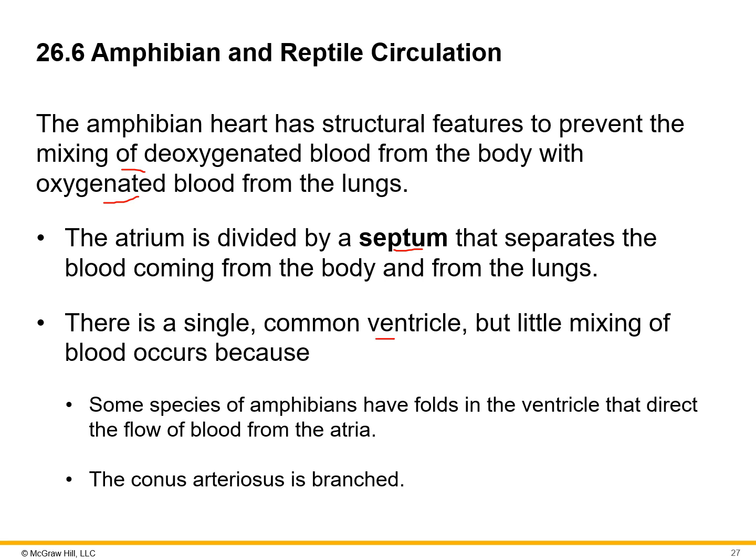Then there's just one single ventricle, but little mixing occurs because some species of amphibians have folds in the ventricle that direct the flow of blood. And the conus arteriosus is actually branched, unlike what we saw in the fish.